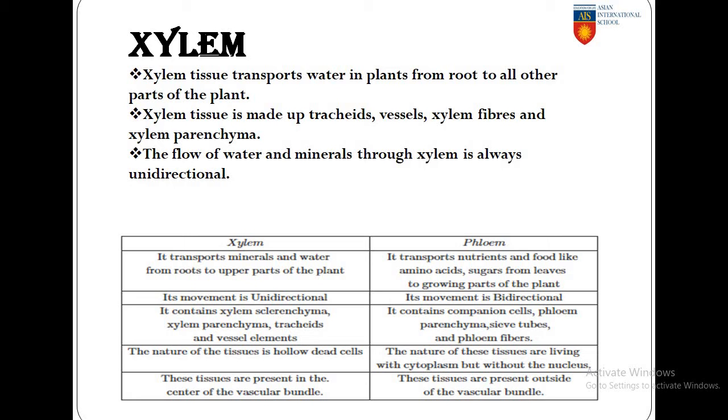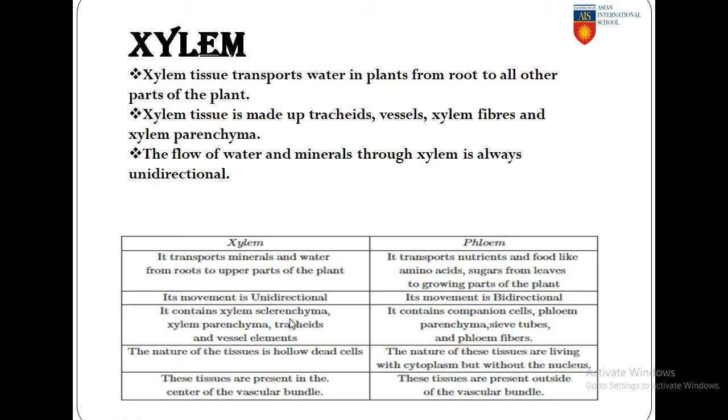It transports minerals and water from the roots to the upper parts of the plant. Phloem transports nutrients and food like amino acids and sugar from the leaves to the growing parts of the plant. The movement in xylem is unidirectional. The movement in phloem is bidirectional.